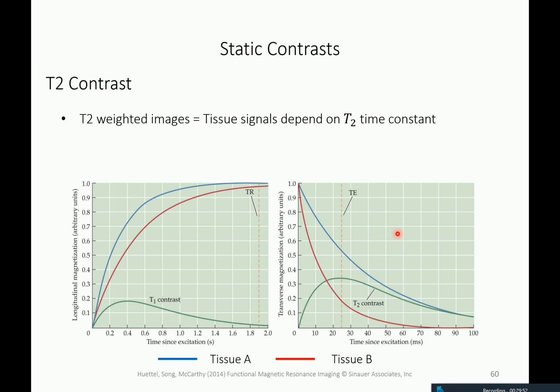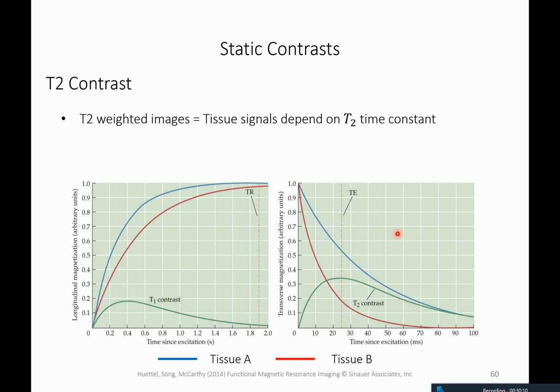if you are not interested in measuring the longitudinal magnetization, so proton density, not interested in T1 differences, but in measuring T2 differences, how should you set your TR and TE? Let's see whether this caught on.